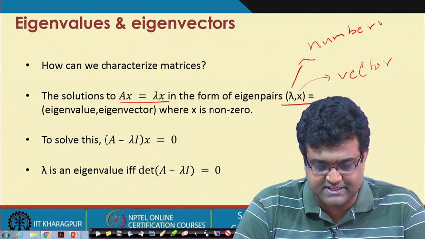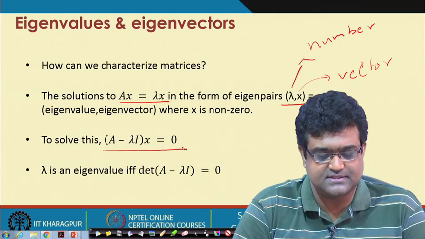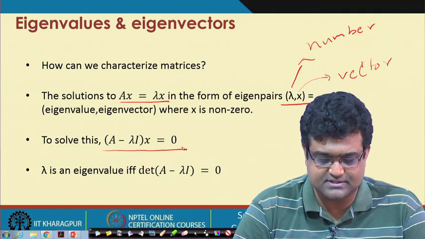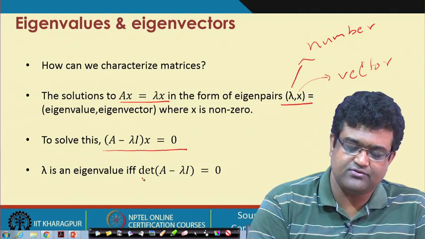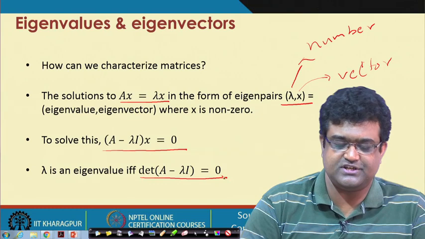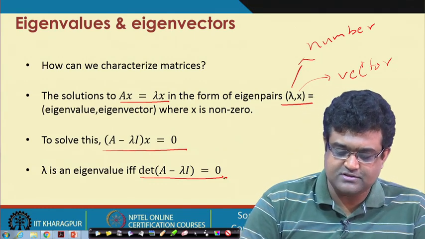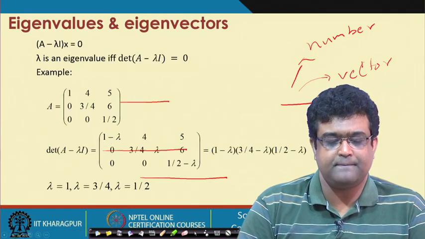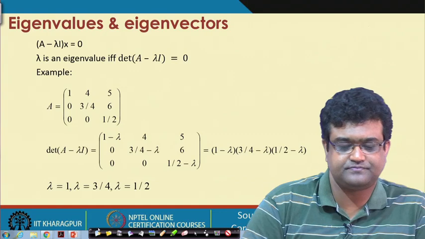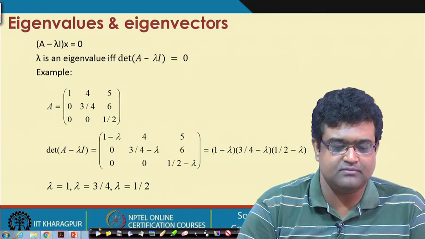One way to solve this is to look for solutions to this linear system of equations, which is possible only if the determinant of this coefficient matrix is 0. Using this concept, we can solve the eigenvalue problem.